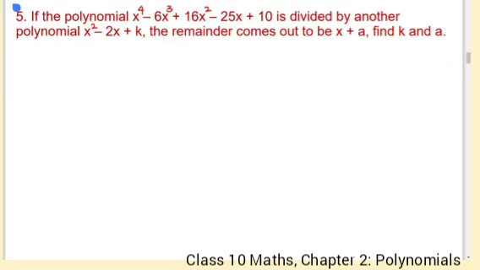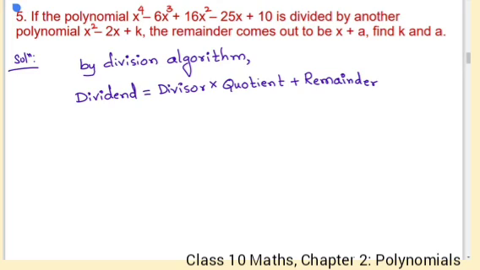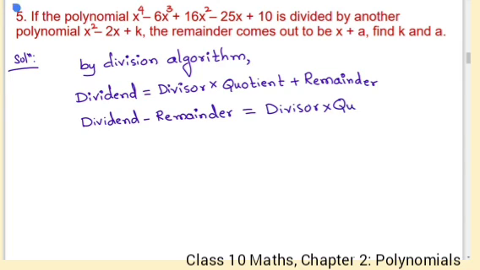Fifth question. If the polynomial x raised to 4 minus 6x cube plus 16x square minus 25x plus 10 is divided by another polynomial, the remainder comes out to be x plus a. Find k and a. So you know that by the division algorithm, dividend is equal to divisor into quotient plus remainder. This becomes dividend minus remainder is equal to divisor into quotient.